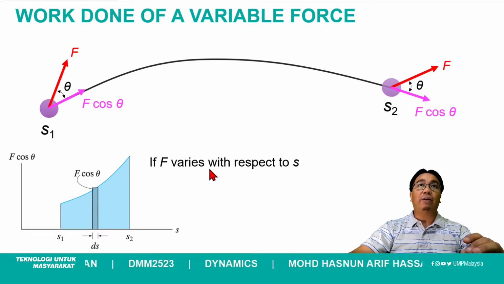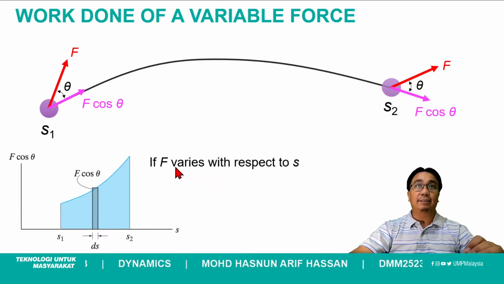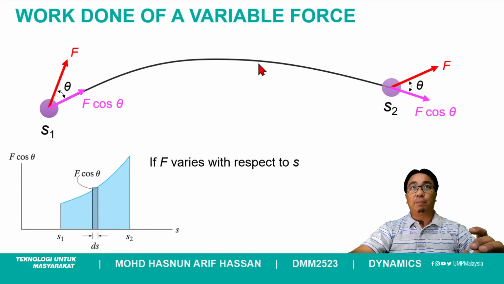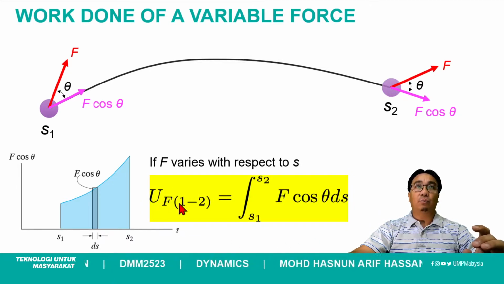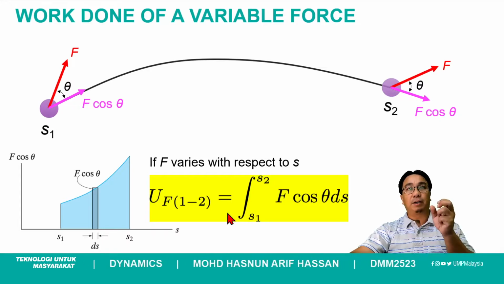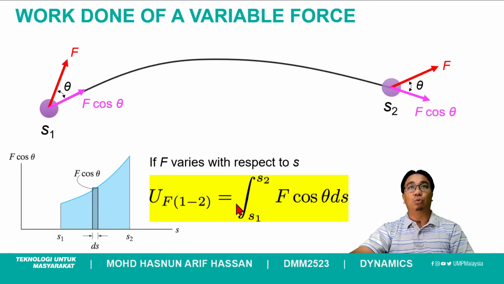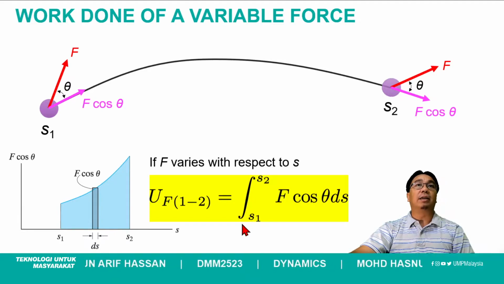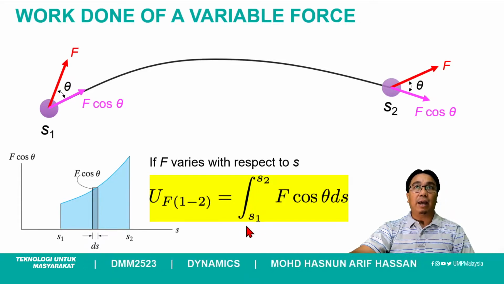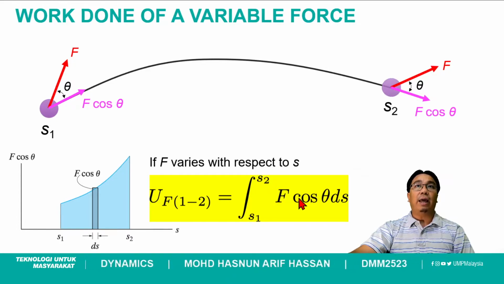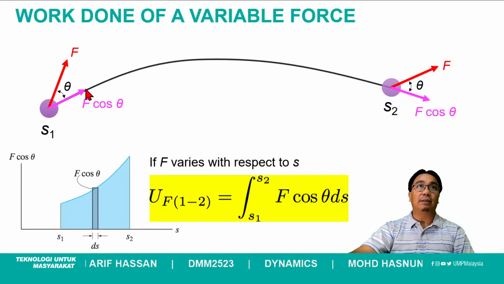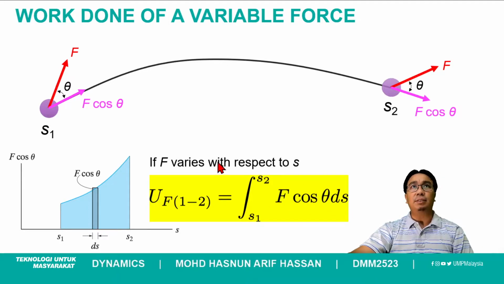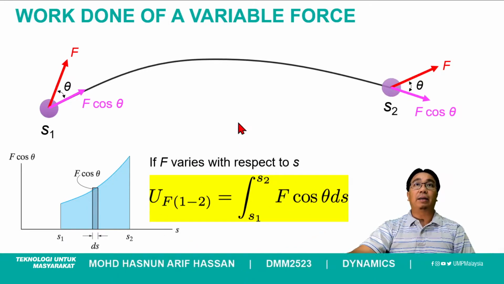If F varies with respect to S, then UF 1 to 2, maksud dia pergerakan daripada position 1 ke position 2, we need to do some integration. Integration daripada S1 hingga ke S2, F cos theta ds. This is how you calculate work done by a variable force.